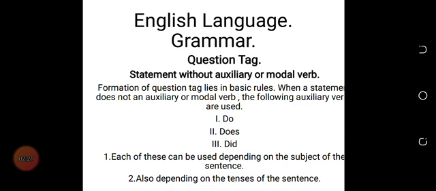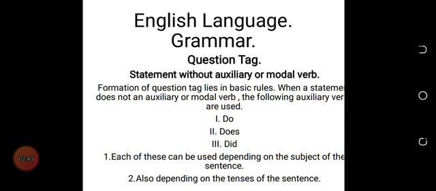We are saying that when we have a statement without an auxiliary verb or a modal verb, we use do, does, did. So the question again is, how do we know that for this statement we have to use do, does, or did?